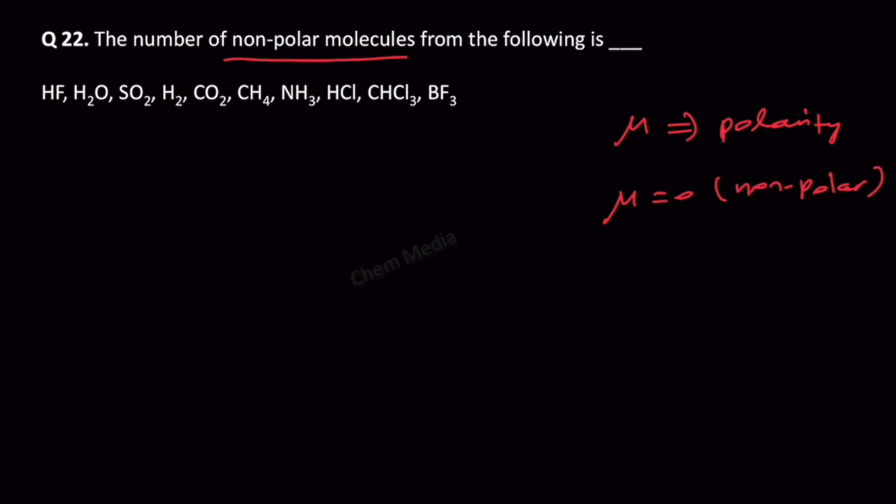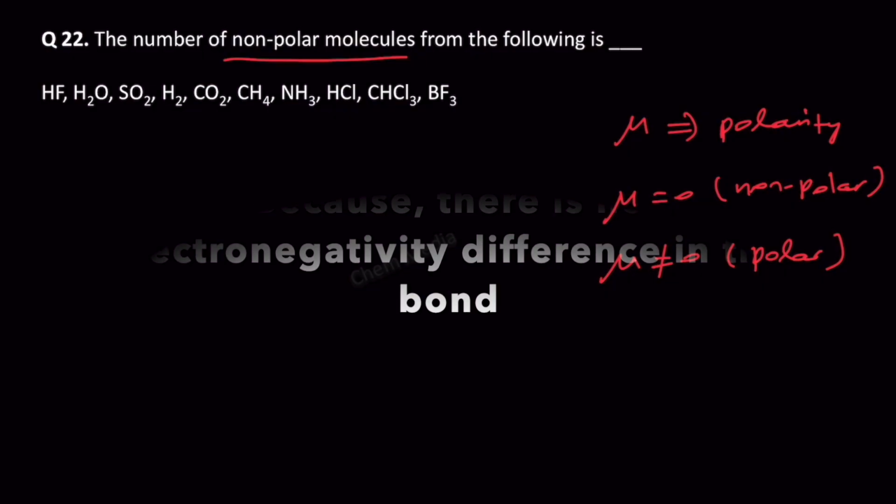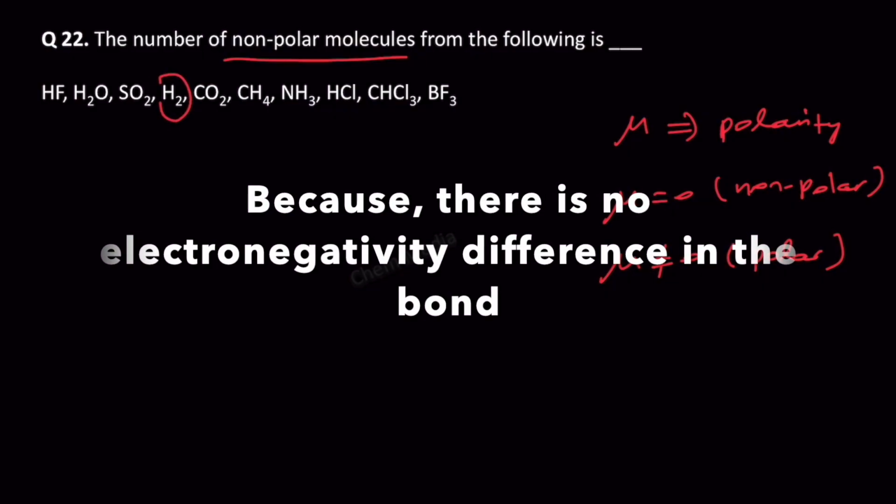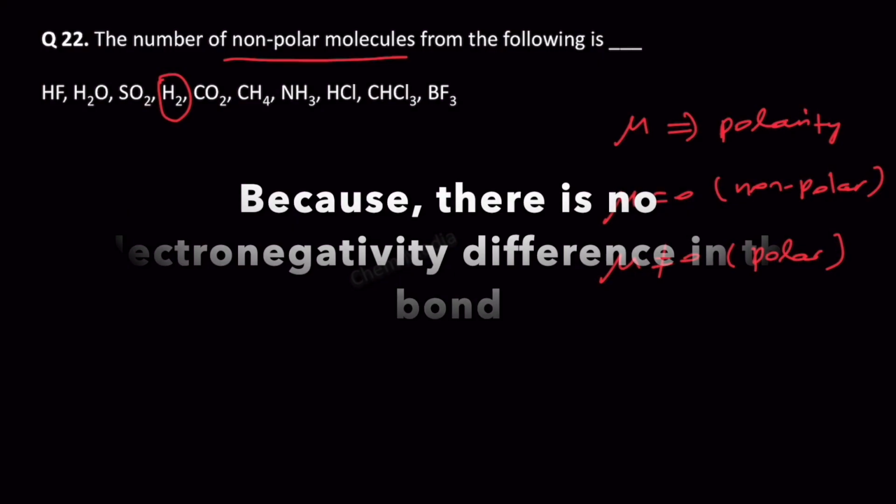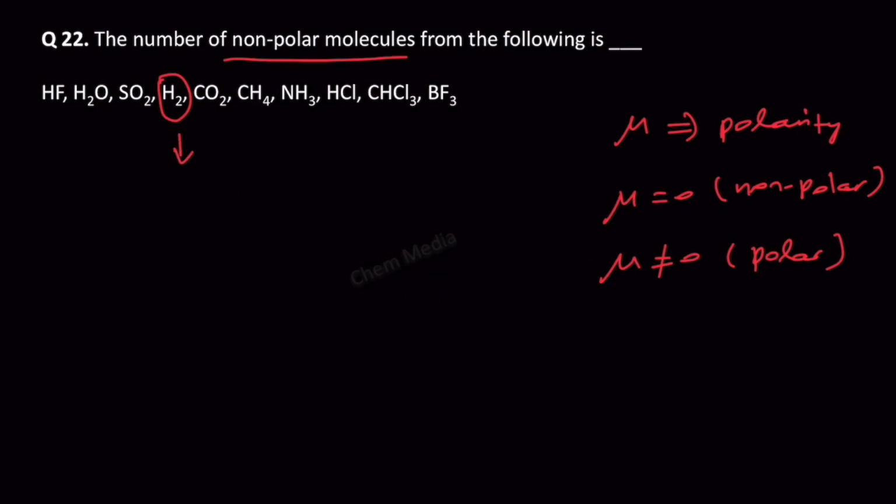On the contrary, if the dipole moment is non-zero, then we can say the molecule is polar. So now, in general, the homonuclear diatomic molecules will have 0 dipole moment. So for example, this is homonuclear diatomic molecule H2. For H2, the dipole moment will be 0. So therefore, we can count that.